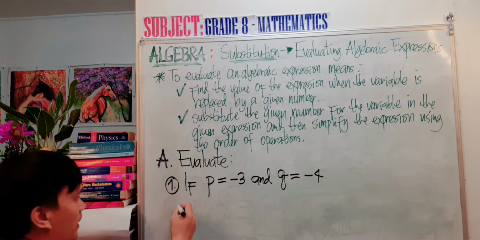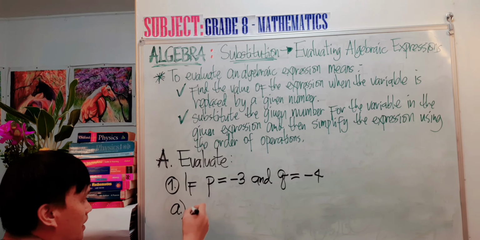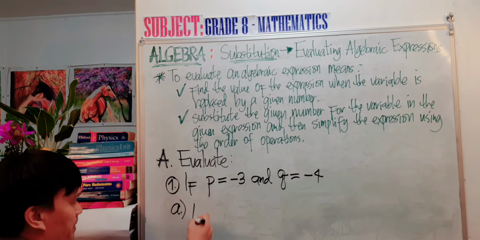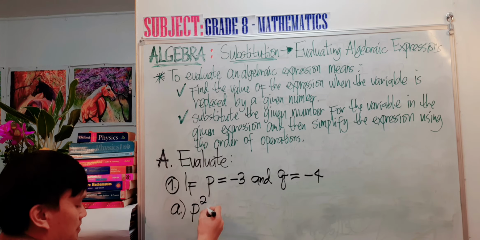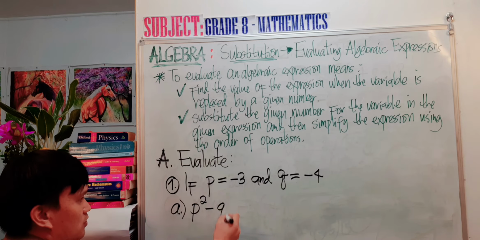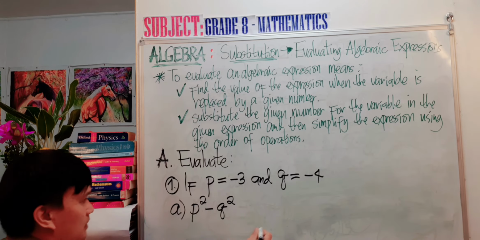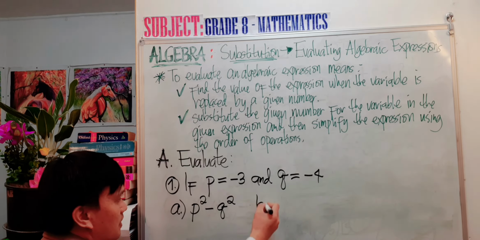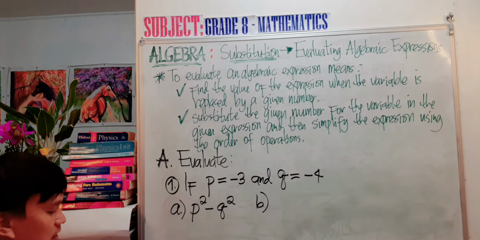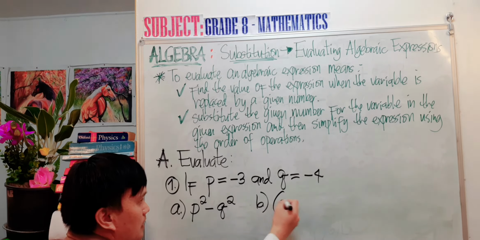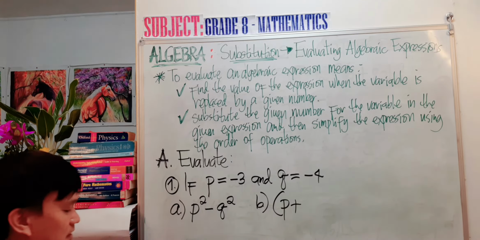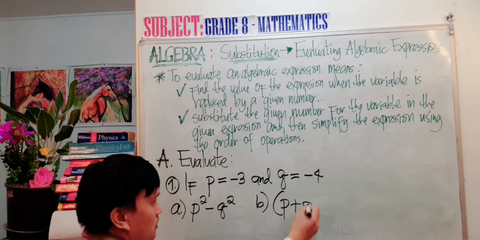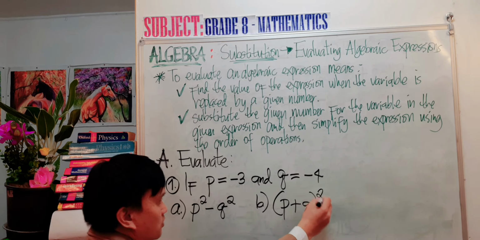Evaluate: A equals P squared minus Q squared, and then letter B, we have P plus Q to the power of 2.